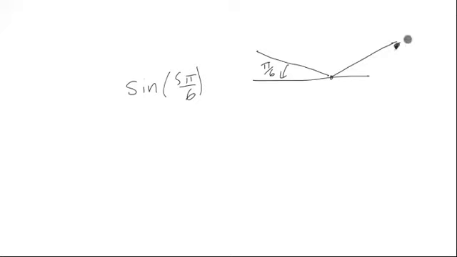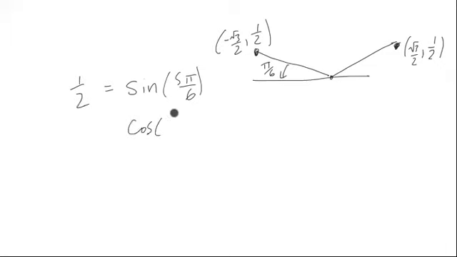And we know that the y coordinate will be 1/2. The x coordinate will be square root of 3 over 2, as we just discussed. Then over here, by symmetry, we should know exactly what this is. The y coordinate is again 1/2, and the x coordinate is negative square root of 3 over 2, just by this reflection over. So sine of 5 pi 6 will simply be 1/2, and the cosine of 5 pi 6 will be equal to negative root 3 over 2.